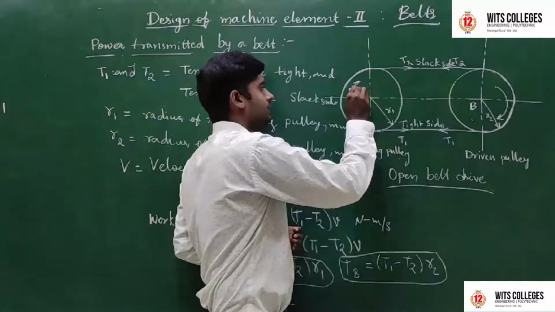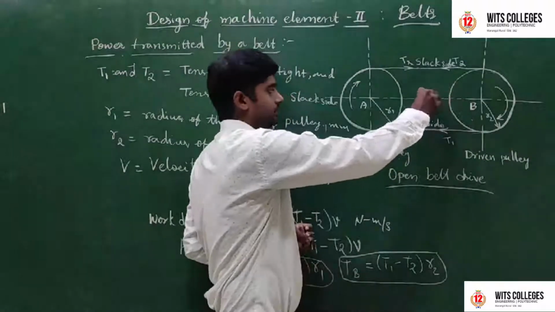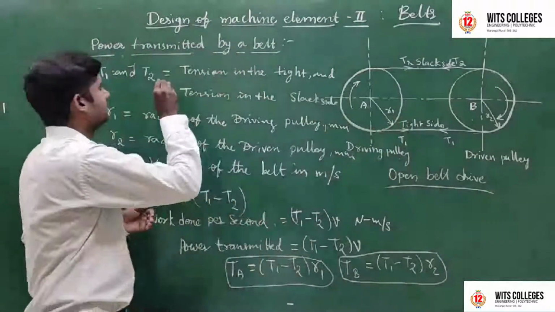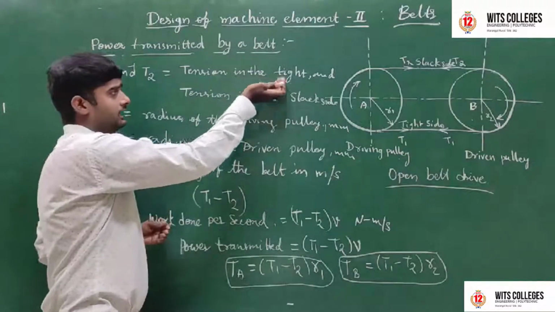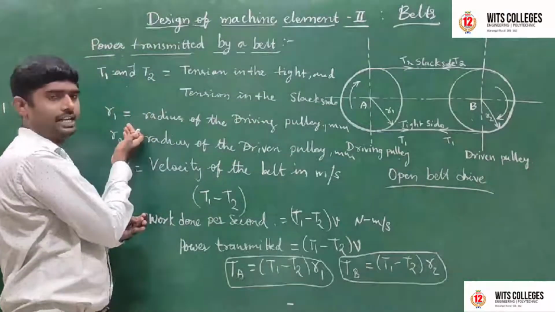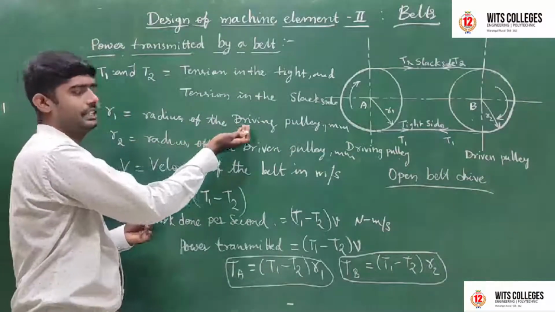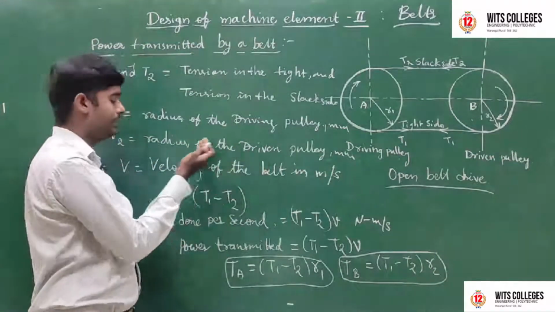Both rotate in the clockwise direction. R1 is the radius of the driving pulley, R2 is the radius of the driven pulley.